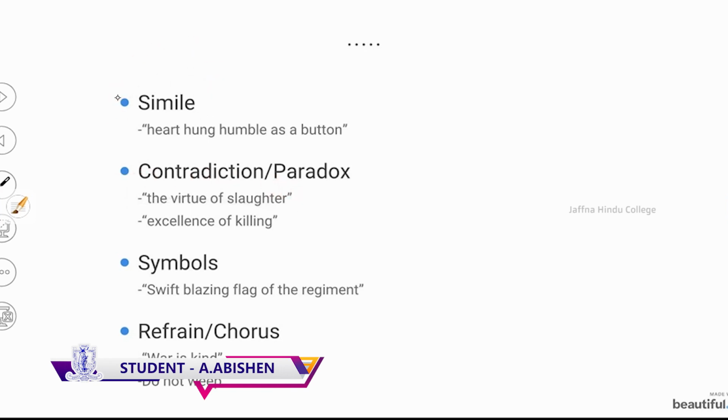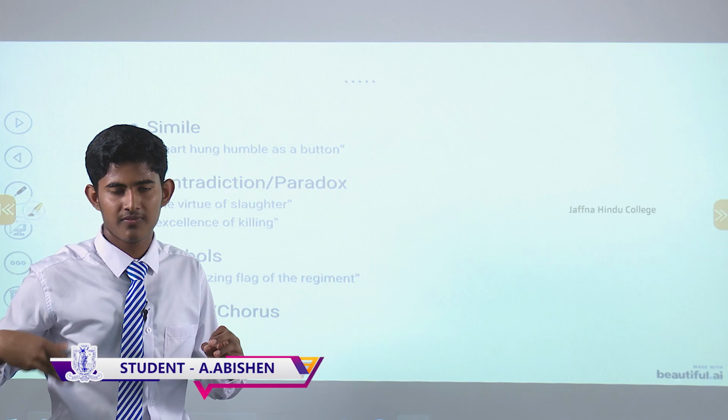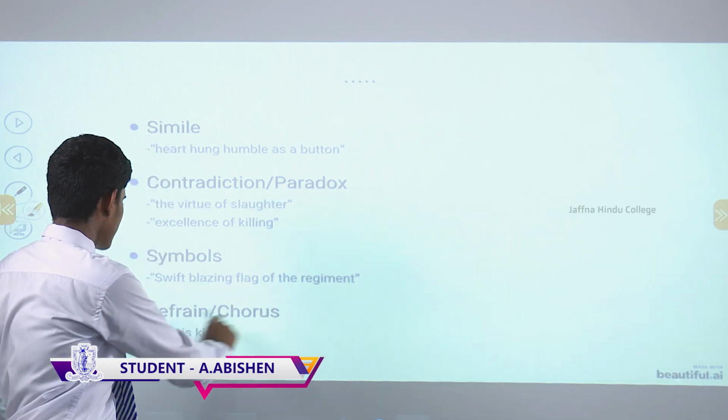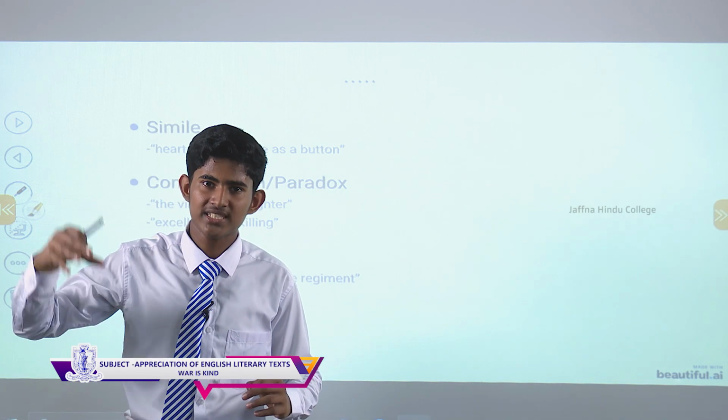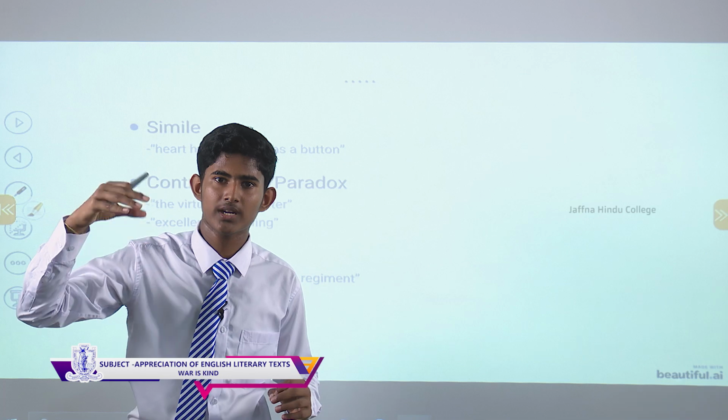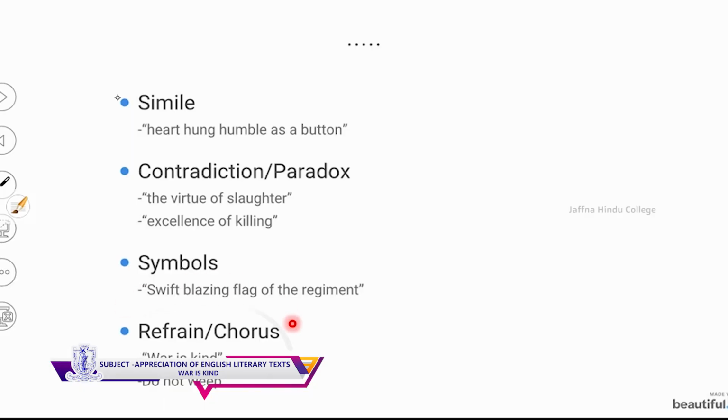Then the contradiction, virtue of slaughter, excellence of healing, these are the contradiction or a paradox. Then symbols, swift blazing flag of the regiment, the flag refers to the society. Then refrain and chorus, as I already mentioned, these are used to emphasize the facts or the themes or the concepts of the poet. War is kind, do not weep. We can see these lines are repeated again and again throughout the poem.